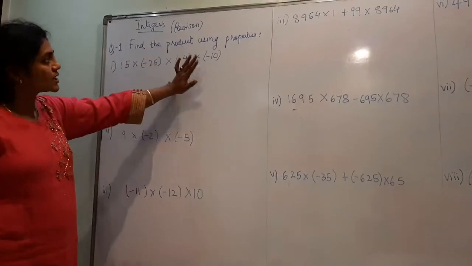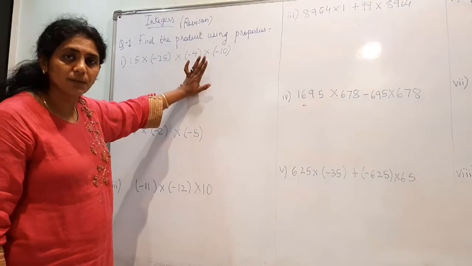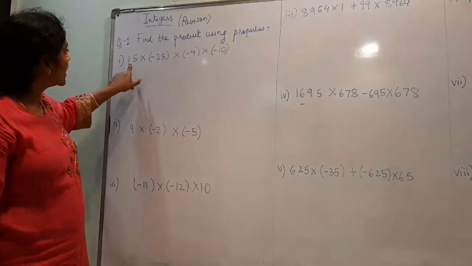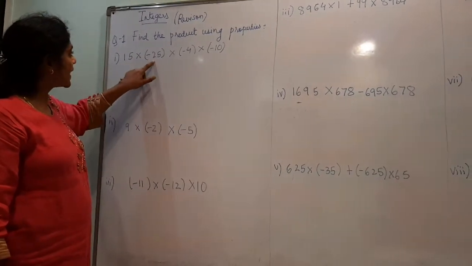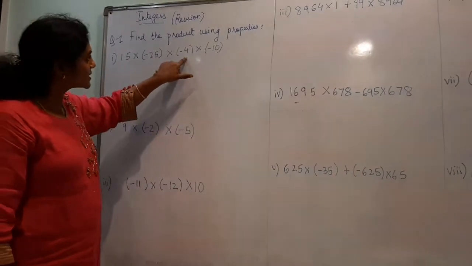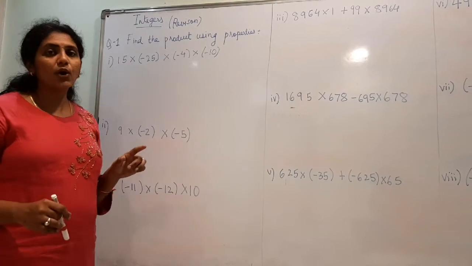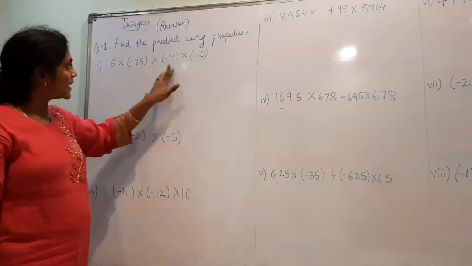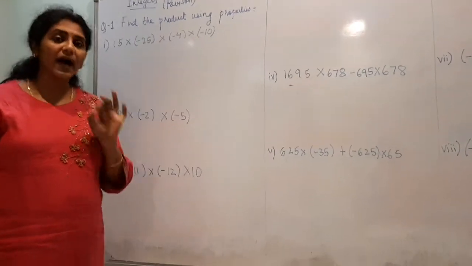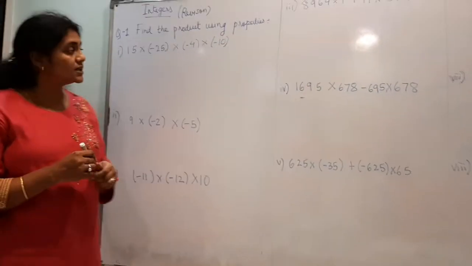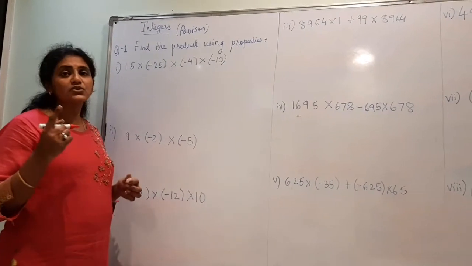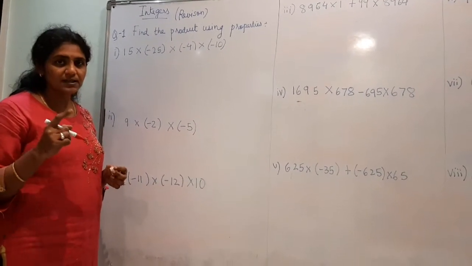Suppose the question is given, find the product using properties. Here it is 15 into minus 25 into minus 4 into minus 10. In this, you don't have to straight away find the product, you have to use the properties. Now in this, you can use the associative property.